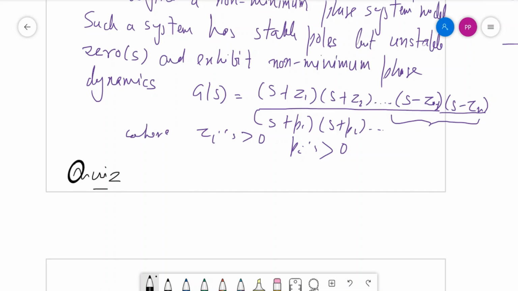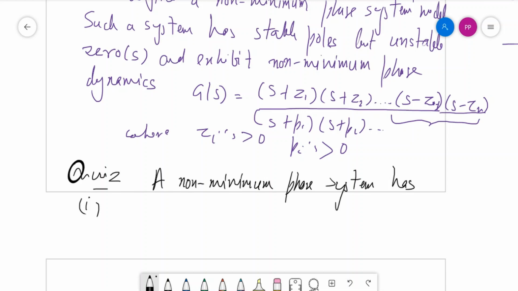A non-minimum phase system has, number one, stable poles and stable zeros.